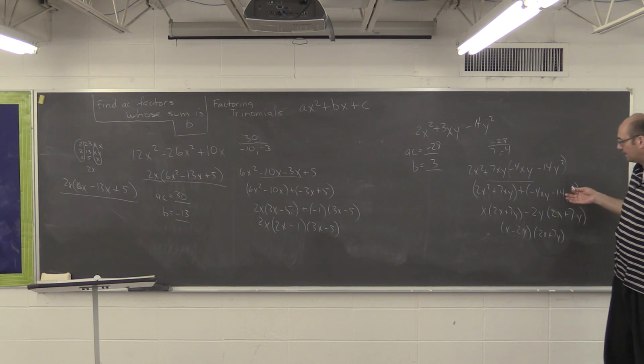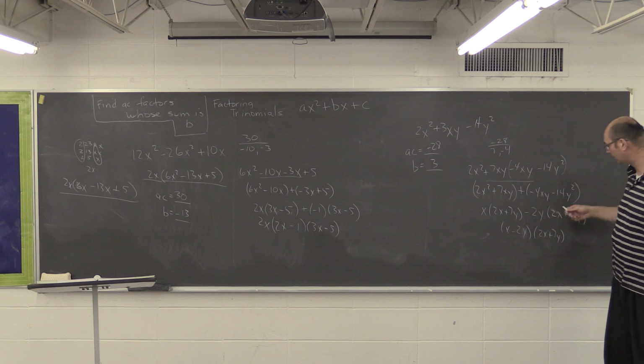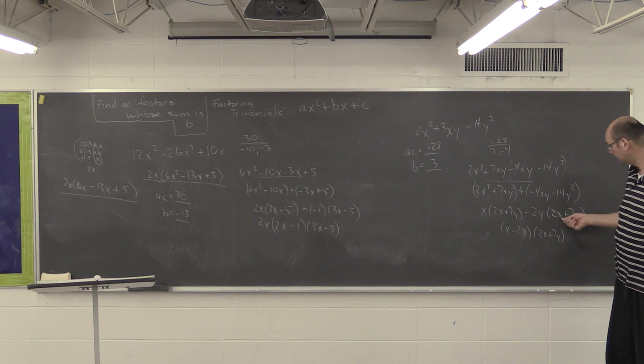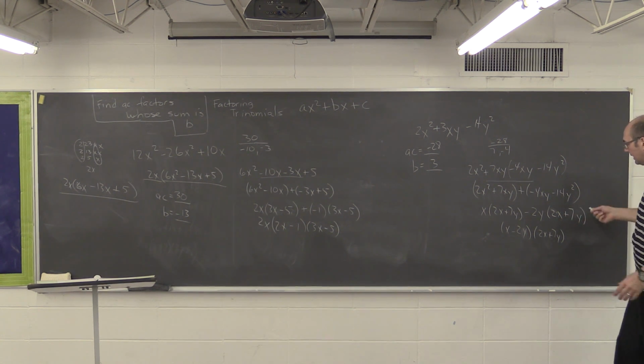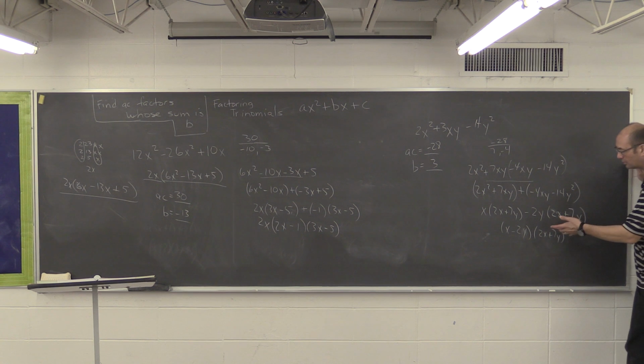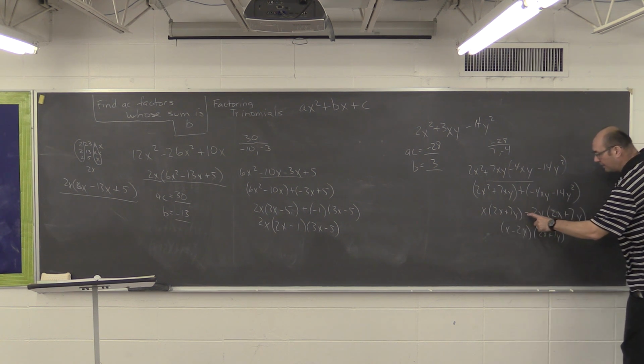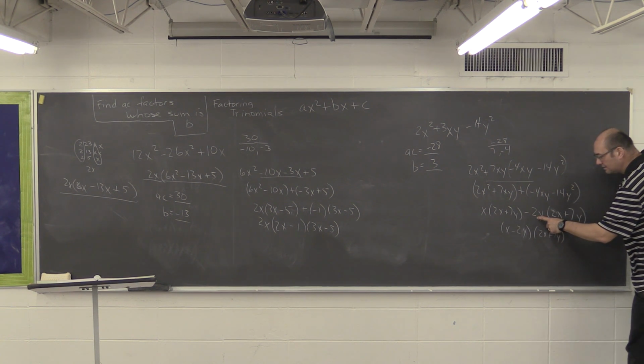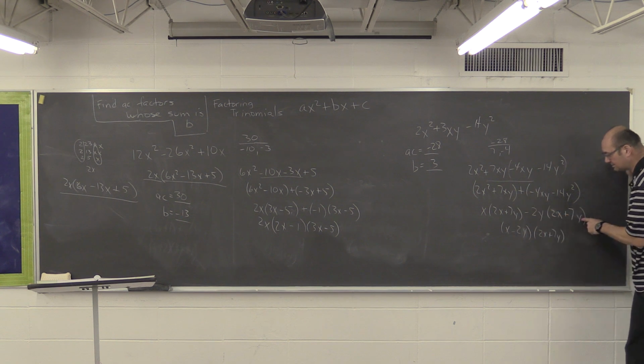That is the greatest common factor of that binomial. As we multiply, 2y times what gives us negative 4xy? 2x. And then the same here with the 7y. So as we see the binomials, we have x minus 2y times the 2x plus 7y, as shown there.